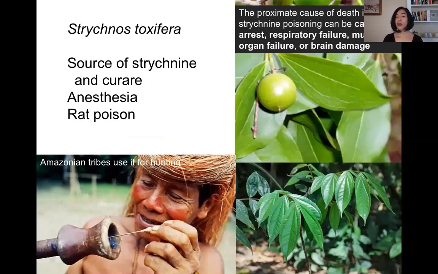There are other plants that can be very deadly. One of them is Strychnos toxifera, and that is the source of these chemicals, including curare. This plant is ground and used by some tribes. They grind this plant, and then they use this substance to cover the darts that they use to hunt animals.